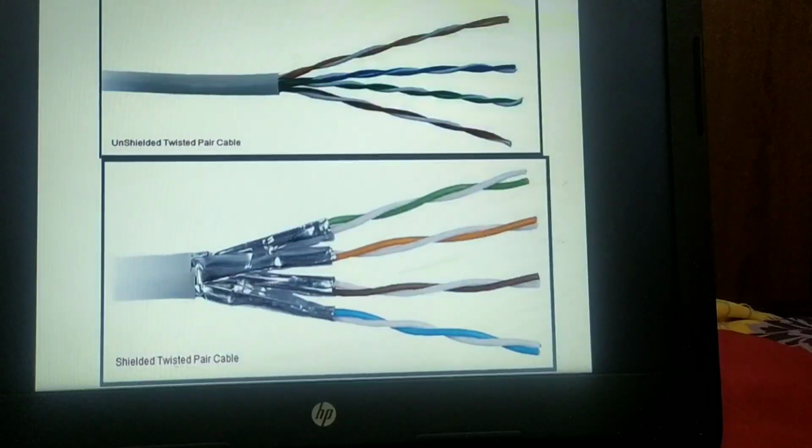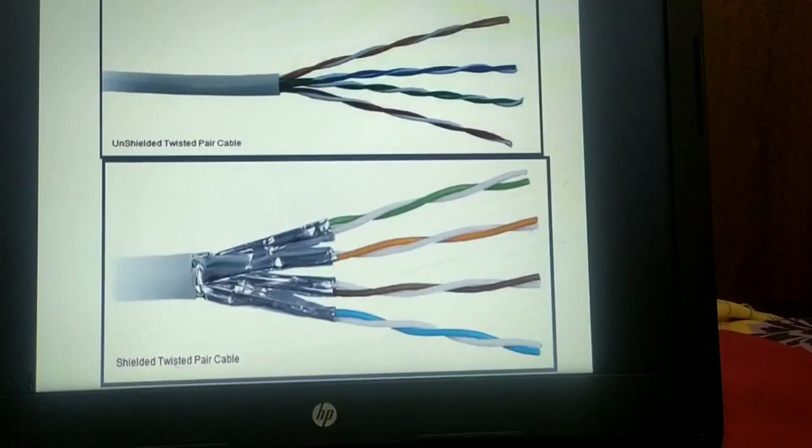Next, because of high attenuation, it is incapable of carrying the signal over long distances without the use of repeaters. What exactly is attenuation? Attenuation is the reduction in your signal strength. We studied this in the bus topology.